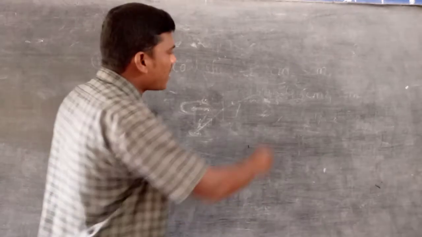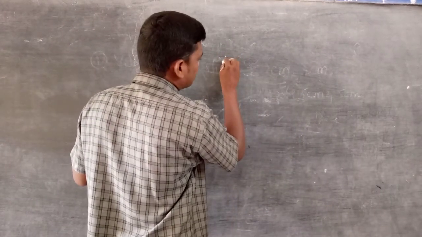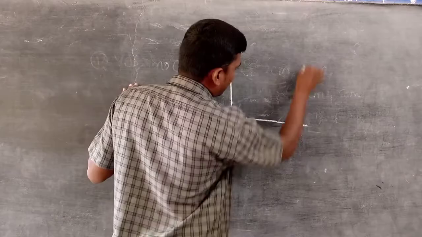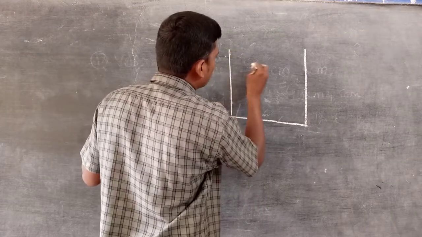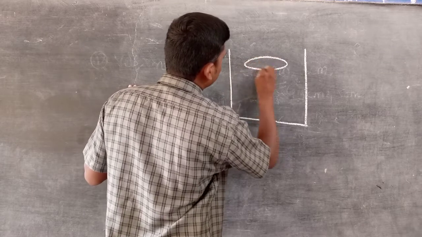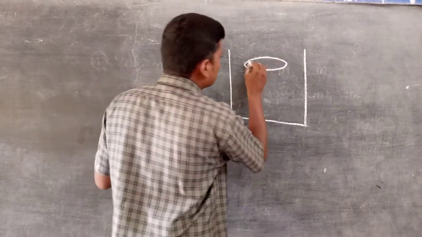So you are observing here very clearly at this time. It is the trough. In the trough, it is the radius of which disc? We don't know what its radius is.